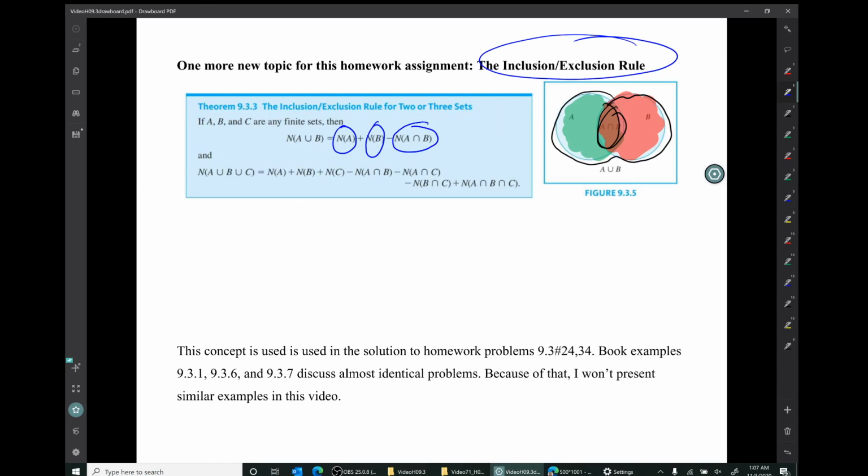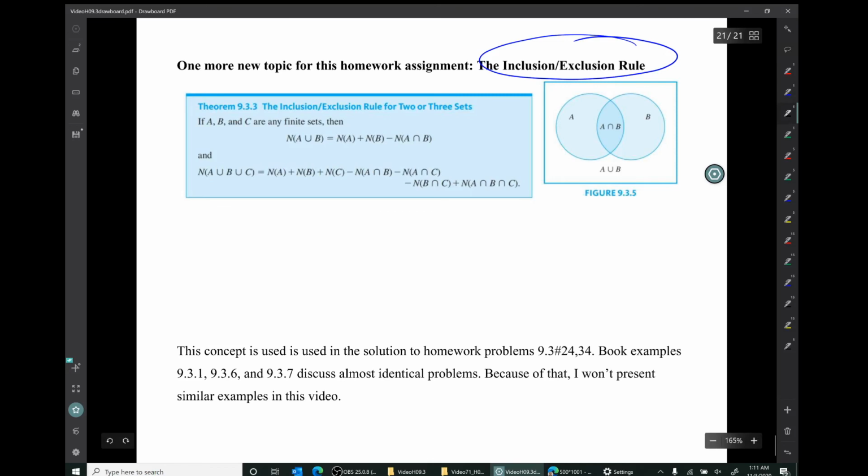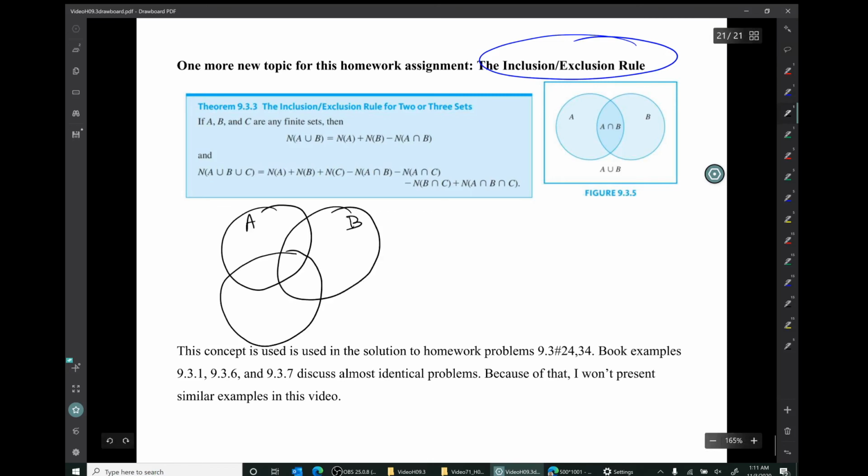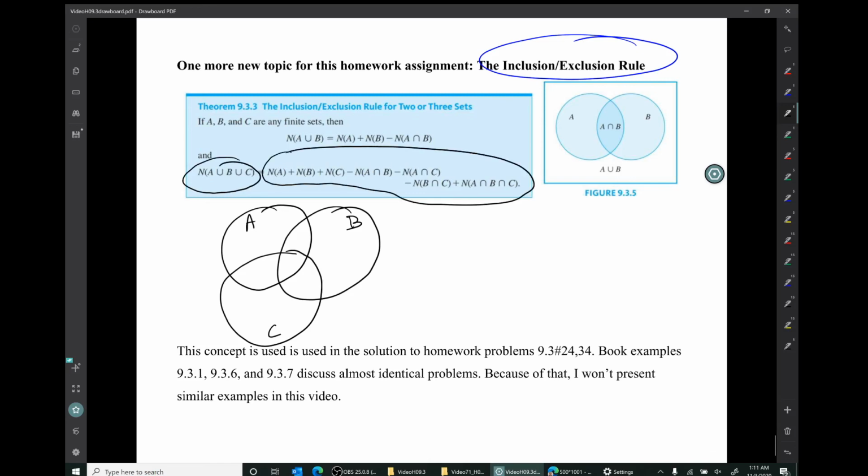And a similar thing happens for 3 sets. Now there's an inclusion-exclusion rule for 3 sets, where we're going to be counting sets that could be configured like this. And the rule for counting the union, A union B union C, is this big formula. Now, I'm not going to go through that. It's the same idea.